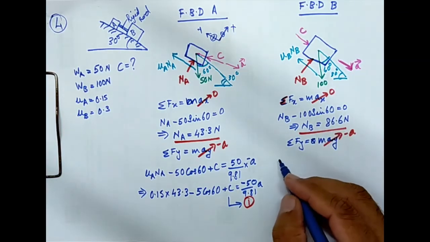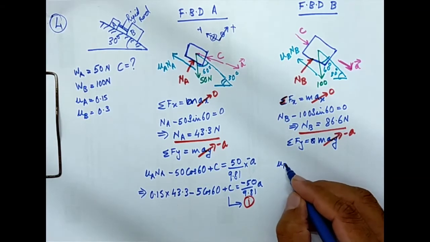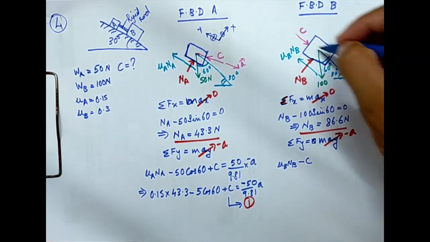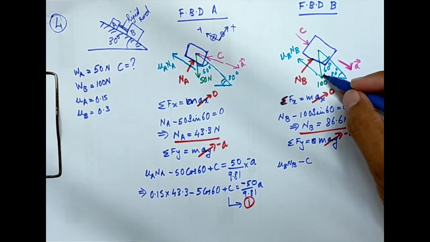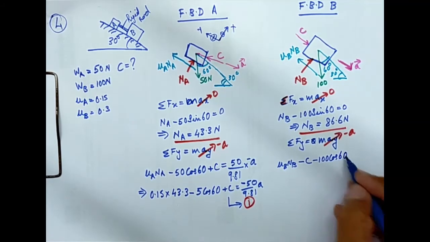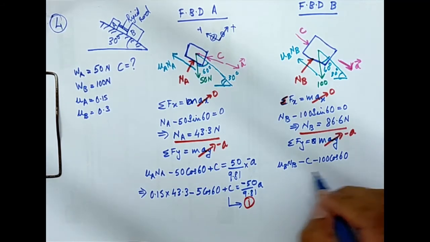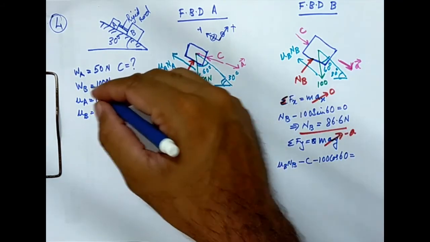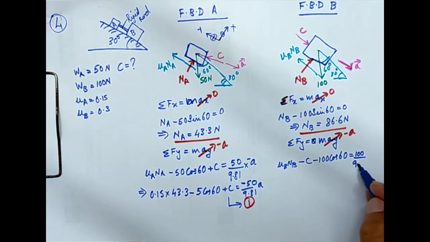Now I'm writing sigma fy, so I will be having mu b nb positive, then c negative, 100 cos 60 negative. Anything else? No. Now the right hand side, that is mass times minus a. Mass is 100 by 9.81, since weight is 100 Newton, times minus a.